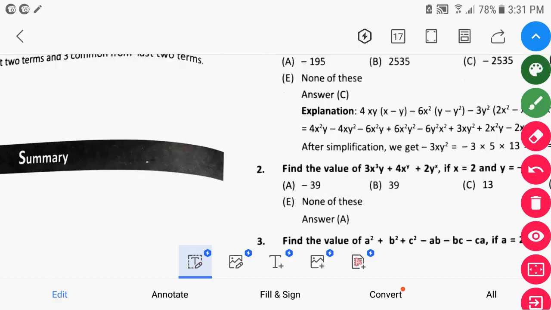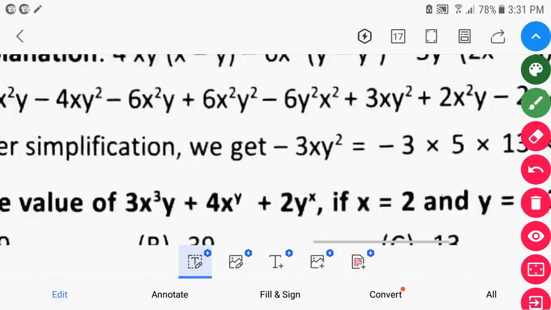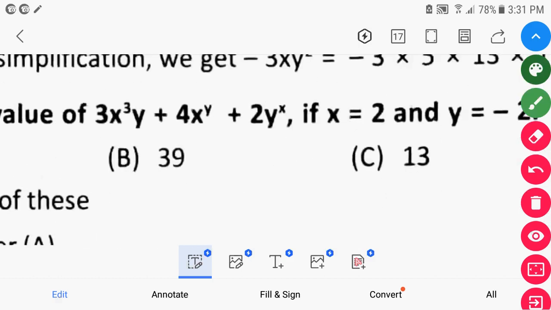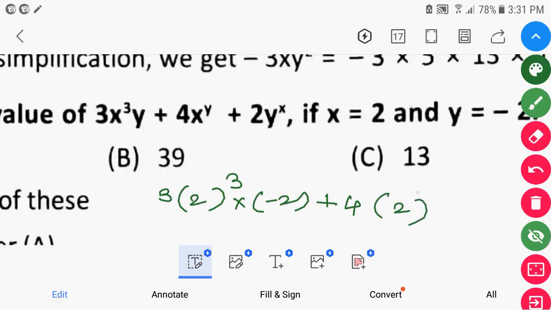These are all solved examples, but I am just explaining it for better understanding of the subject. Okay, now you have to just put the values here, like 3 into x cube. Now what is the value of x? 2. So 2 cube into what is the value of y? Minus 2 plus 4 into 2, the value of x, and y's value is minus 2.